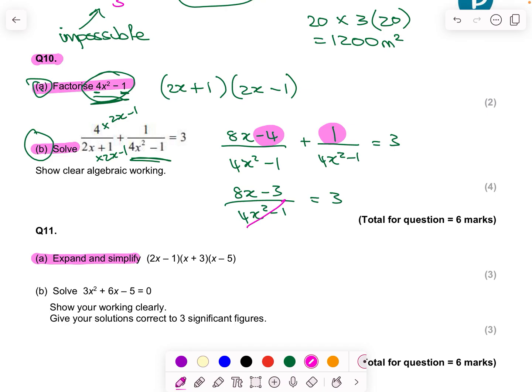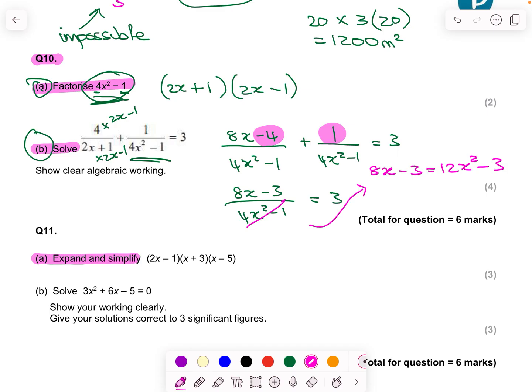And so I get 8x minus 3 equals 12x squared minus 3. Oh gosh, another quadratic to solve. Well, if you did this homework well, you definitely practiced a lot of solving quadratics. So that's a good thing.